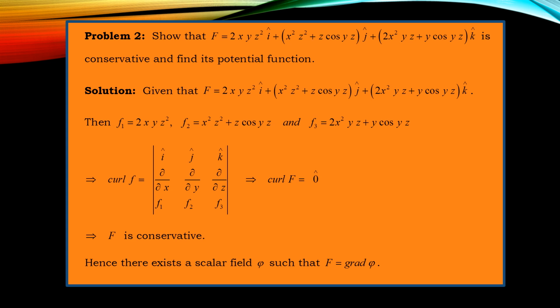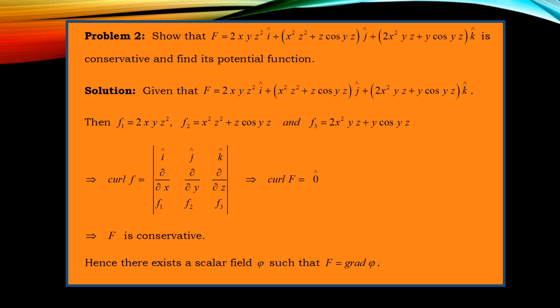That means this problem has two parts. In part 1, we have to show that the given vector field is conservative. In the second part, we have to find a potential function for the given vector field. Let us see the first part.